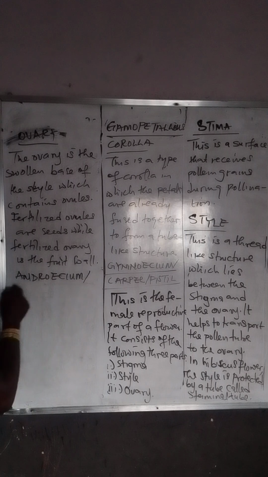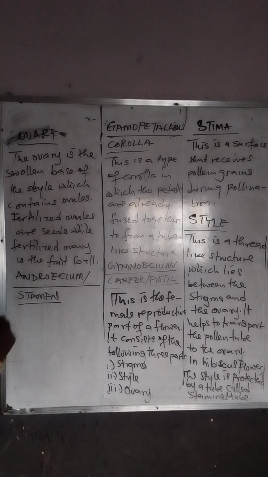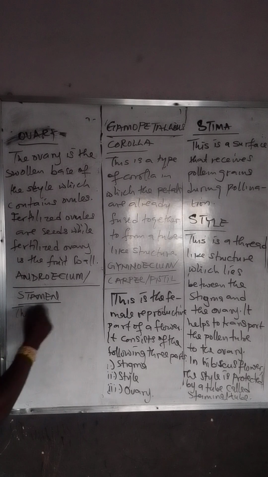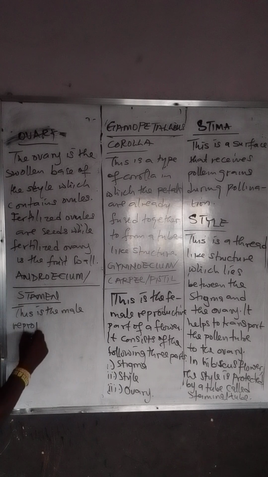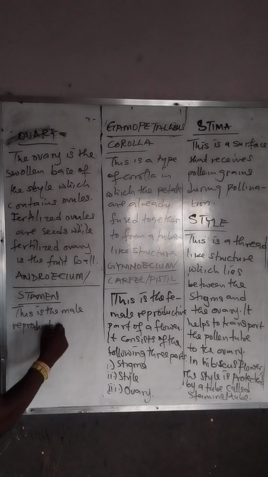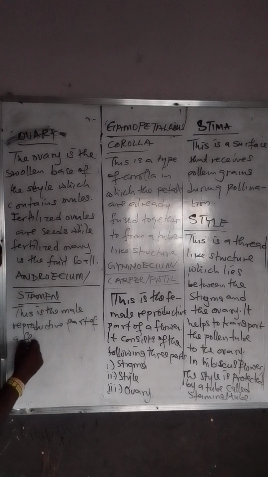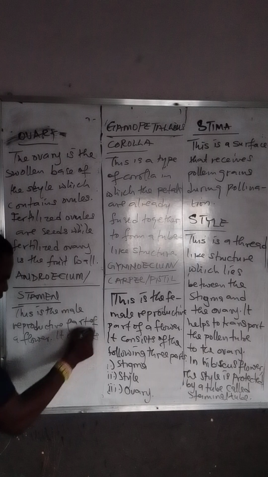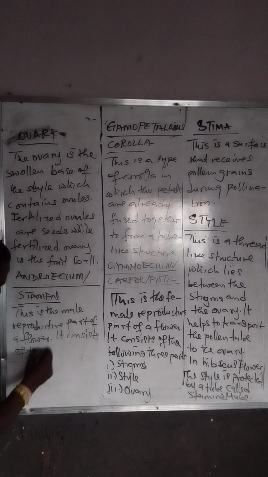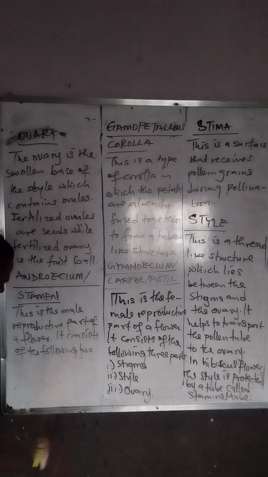Androecium, or you call it stamen or androecium. This is the male reproductive part of a flower. It consists of the following two parts.